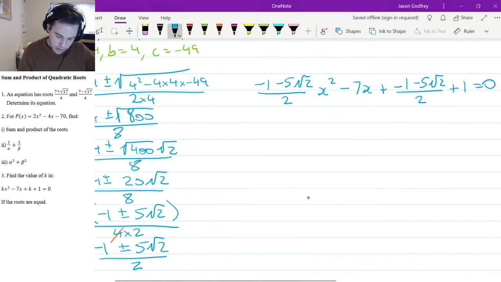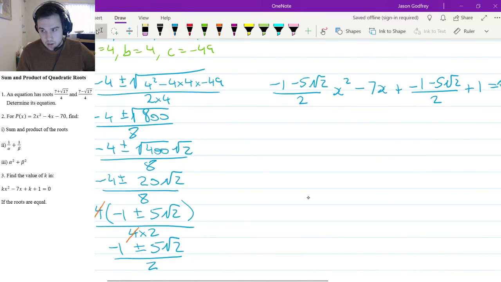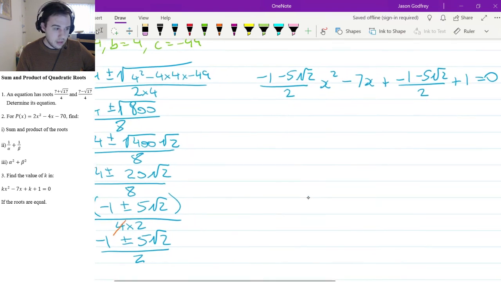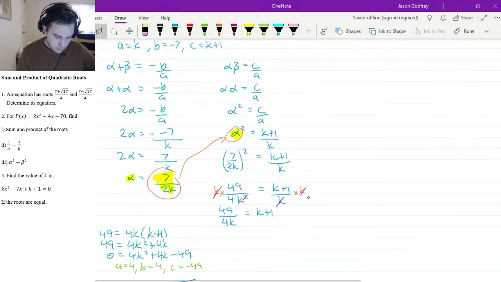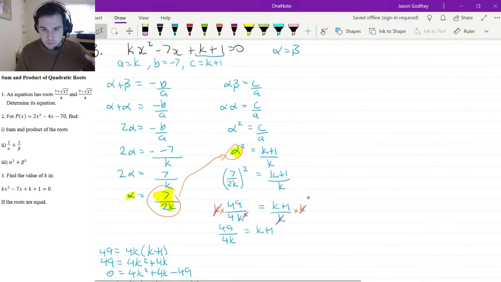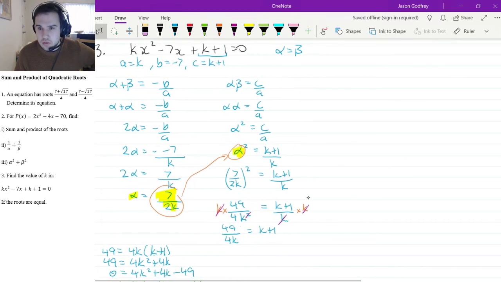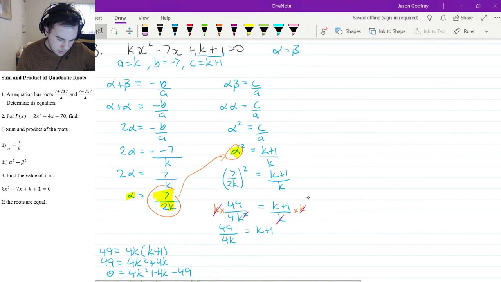If you found the roots of this quadratic, this was our value for k, x squared minus 7x plus k plus 1 equals 0, then they would be equal. So this question is done because it's similar to the style in the textbook.